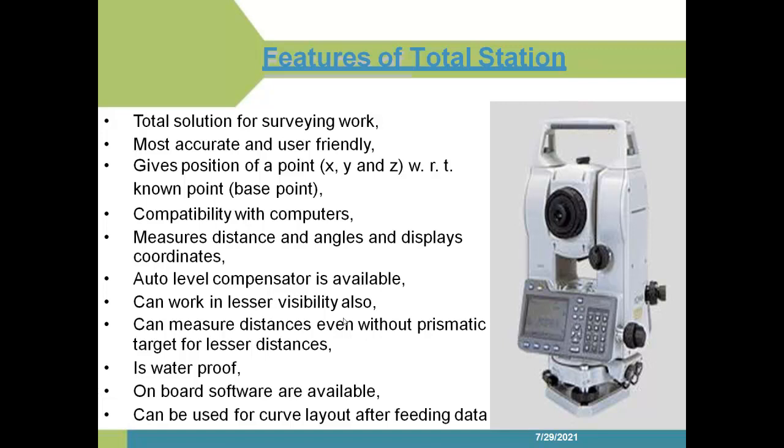At the same time, with the onboard software they can identify the height of a building, calculate the area of boundaries, and do layouts, everything within a fraction of a second. The accuracy is very high, but the cost of the instrument is rather high.